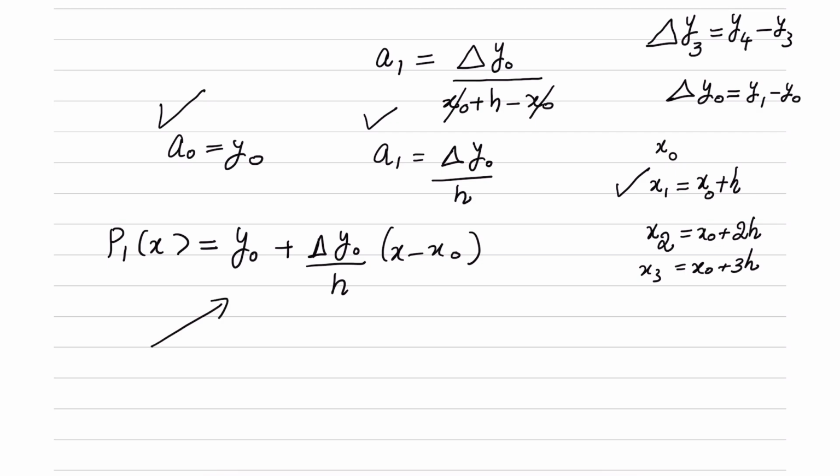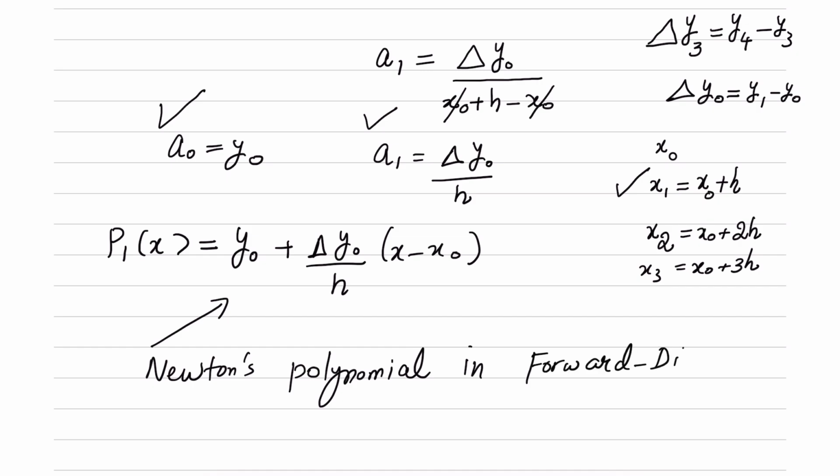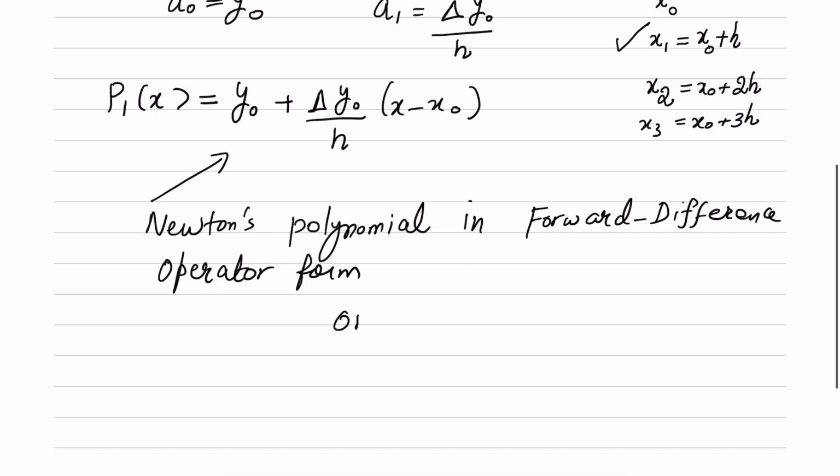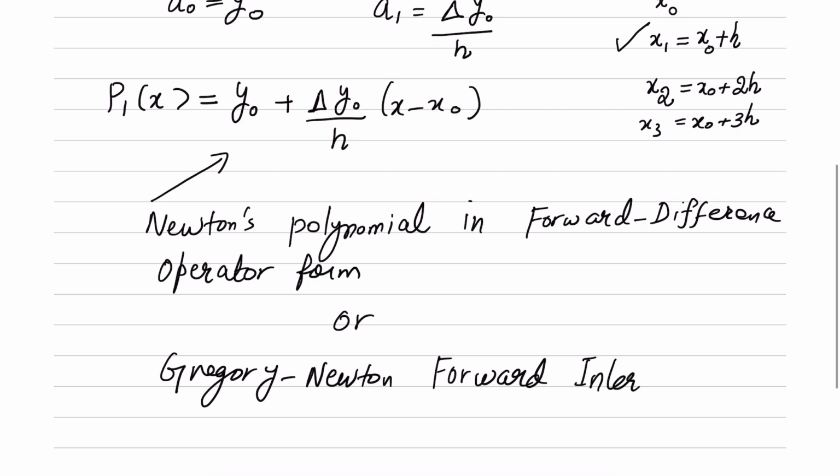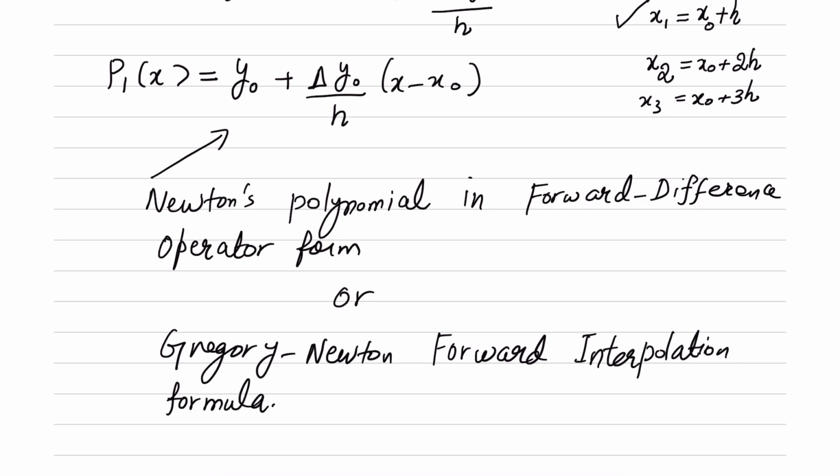So this is now Newton's polynomial in forward difference operator form, or it's also the Gregory-Newton forward interpolation formula. So we have written Gregory-Newton forward interpolation formula for 2 points. For 2 points, the maximum degree of the polynomial was 1, so we wrote P1 of x.